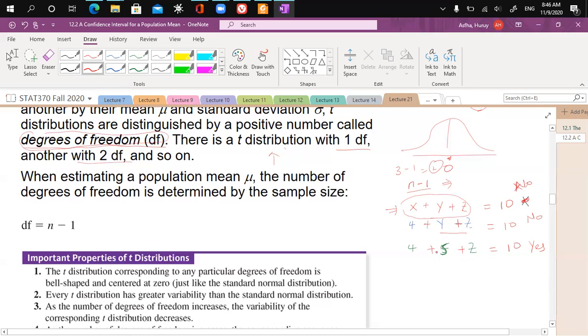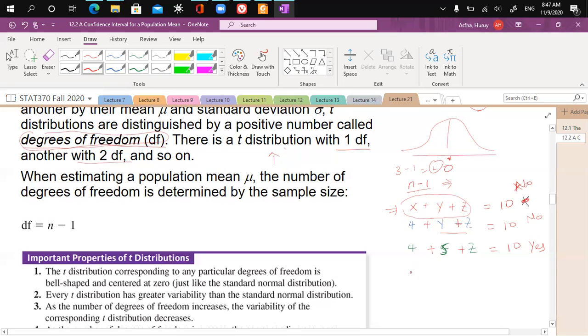Okay, so this is just to give you an idea what we mean by this, and a similar thing applies here. Don't interpret it the same way, but I hope this will give you an idea what we mean by degrees of freedom.